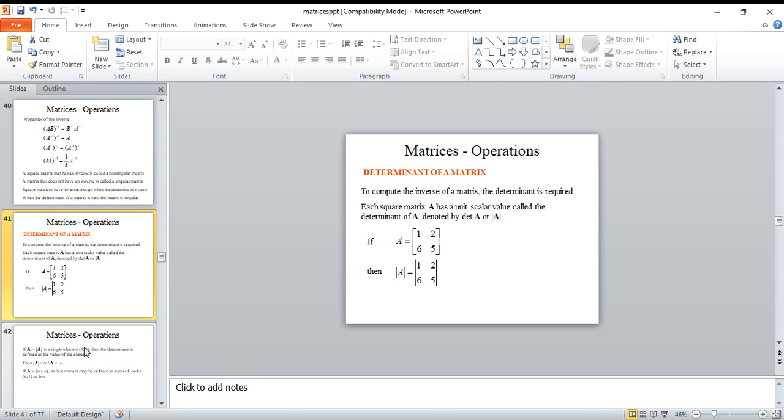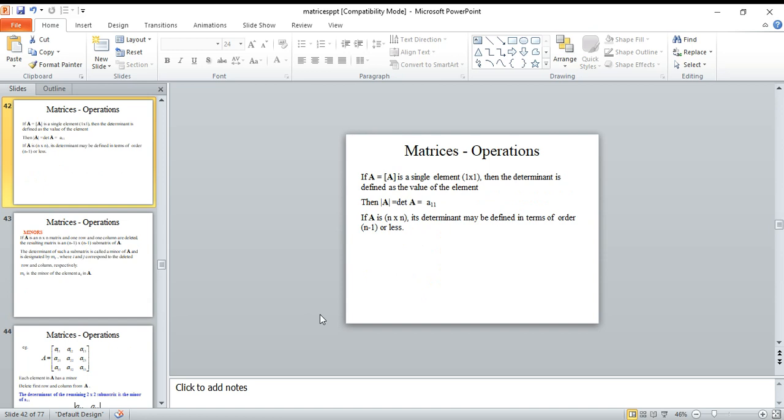If A equals the matrix 1, 2, 6, 5, then mod A equals the determinant of 1, 2, 6, 5. Find the determinant.